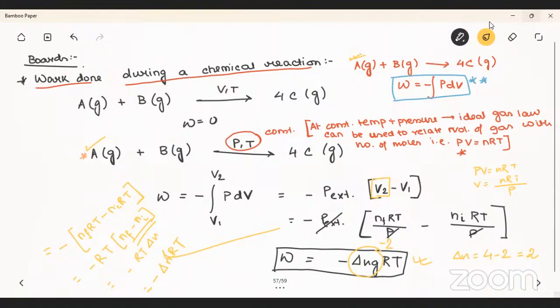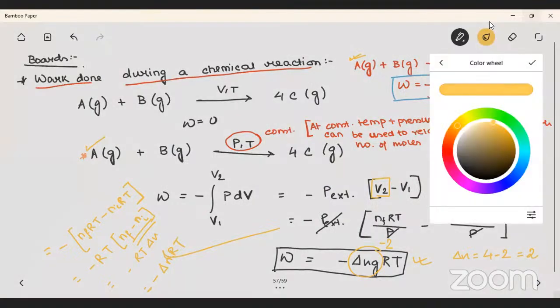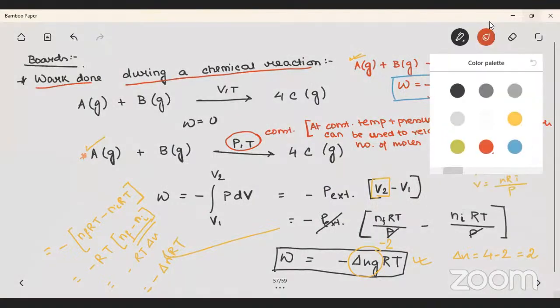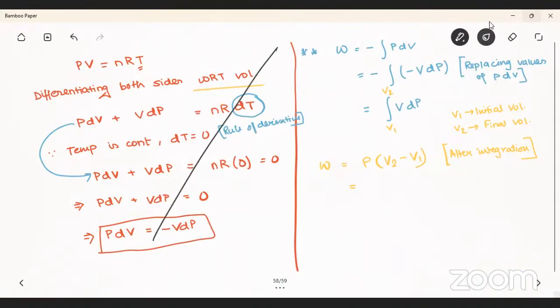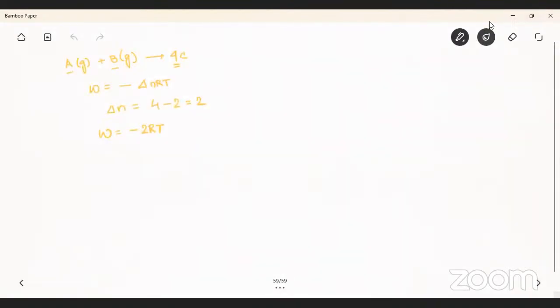Okay, let's just forget this. We will be solving this equation again. So this I have crossed, this I have crossed. Wait, I am solving this equation again.